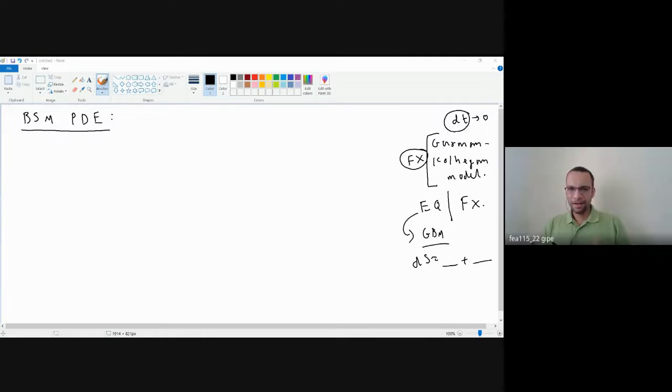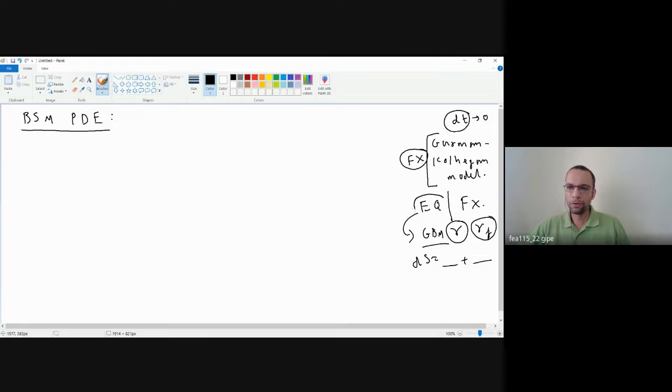Correct. So basically, I want r and rf, because if you see, we had only the risk-free rate which we were using for equities, but in FX we require the risk-free rate in the foreign currency as well. So we may require r and rf. r could be the domestic interest rate, rf could be the foreign interest rate. That's an enhancement which you do on top of your primary modeling exercise.